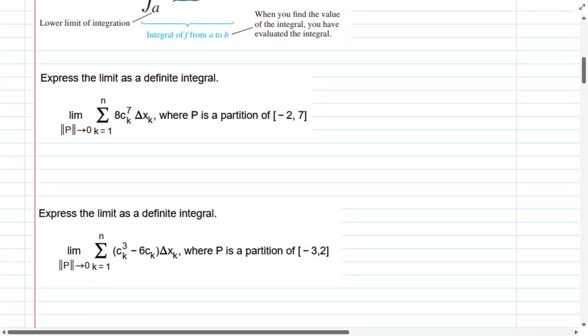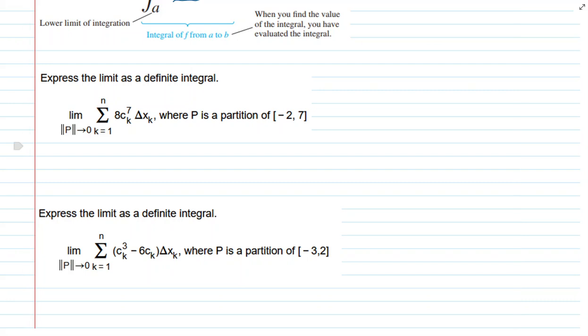So we're first going to get familiar with the structure of the limit as the norm approaches 0 of the sum from k equals 1 to n of 8 c sub k to the 7th times delta x sub k. So we understand then that we have the integral from -2 to 7.